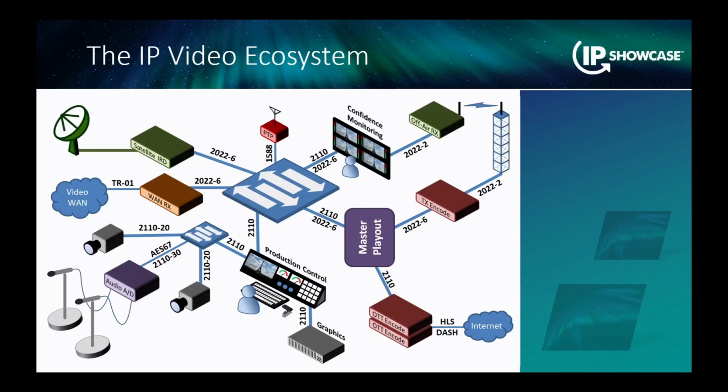We'll talk about ST2110, we'll talk about 2022-6, we'll mention some of these other things in passing. But if you look at it as a whole, everything on this network is capable of running over an IP network. So it's a unified system, and more importantly, everything flows over the same functional network hardware.